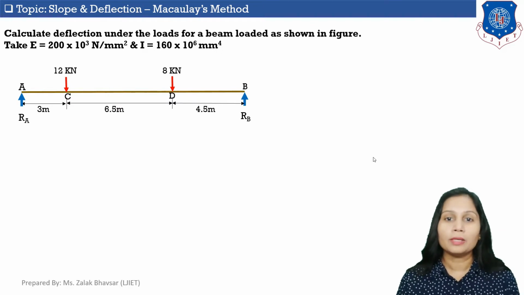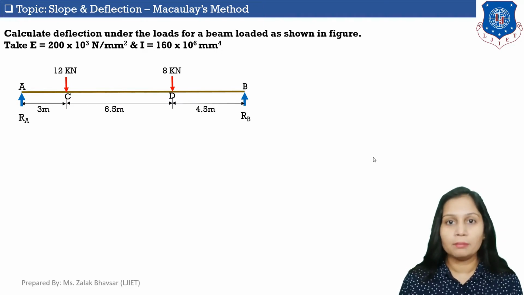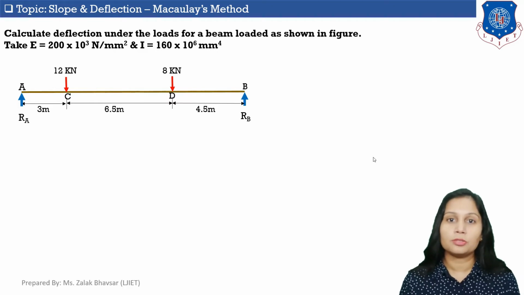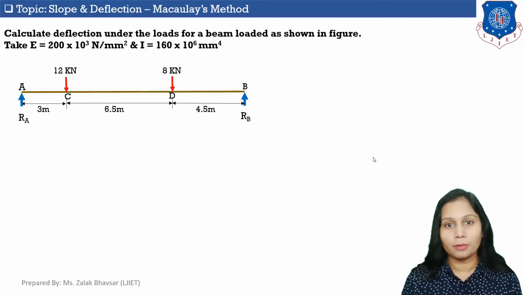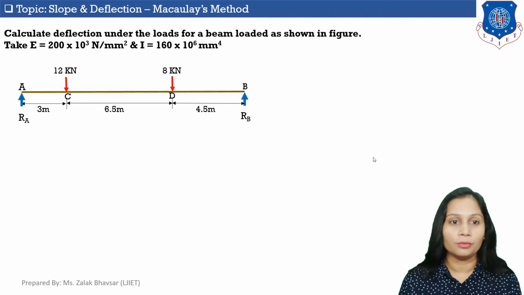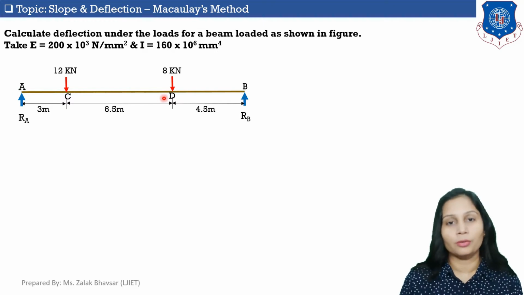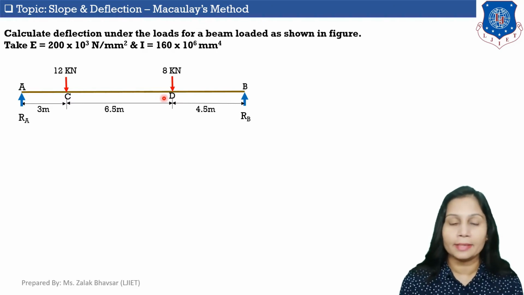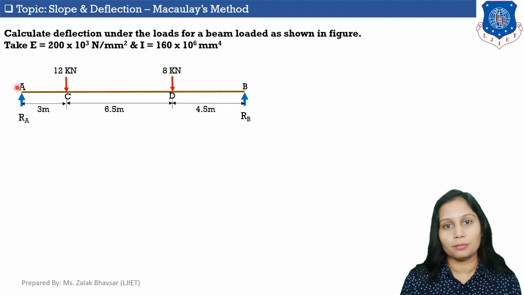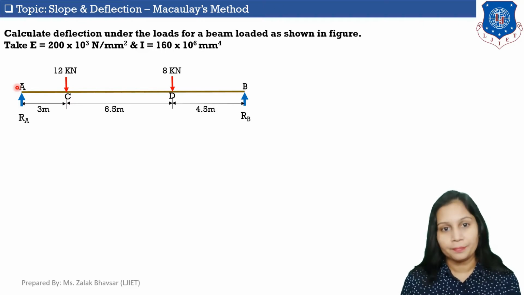Okay, total length of this beam is 14 meter and this beam carries 2 point loads. First point load of 12 kilonewton is acting at a distance 3 meter from point A, and another point load of 8 kilonewton is acting at a distance 9.5 meter from point A.